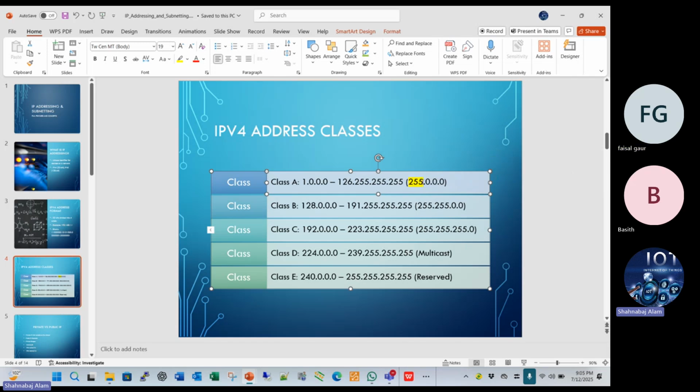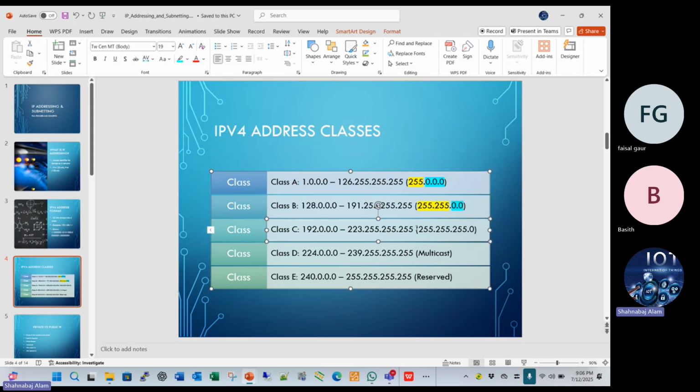Same for class B: we have a 16-bit network ID and a 16-bit host ID.